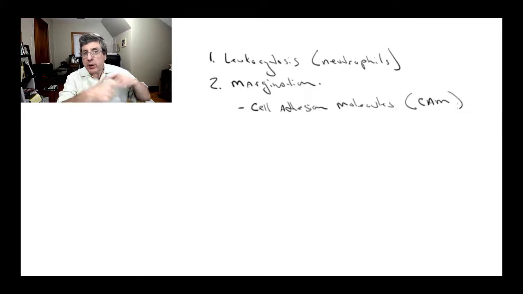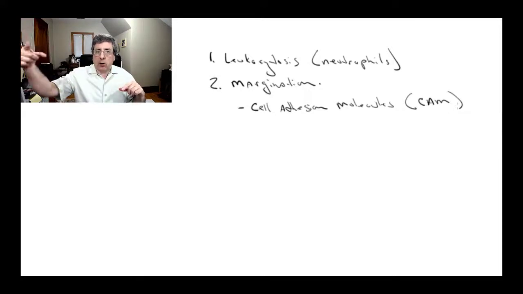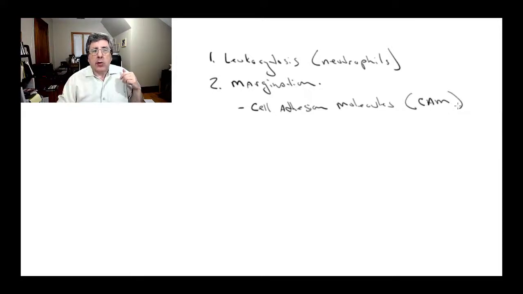Think like a tumbleweed, they're just rolling slowly. The neutrophil also has CAMs on its plasma membrane, and when the CAMs meet up, they stick. So they lock together, and the neutrophil is at the site that it's supposed to be.